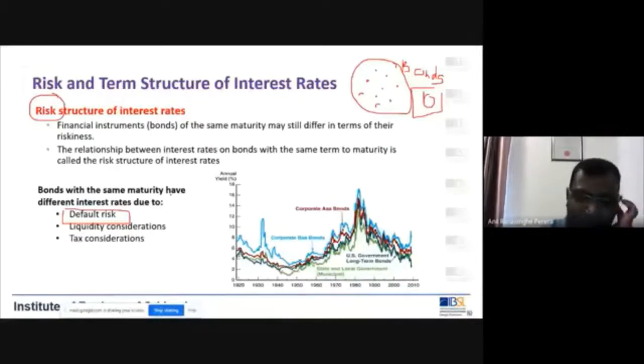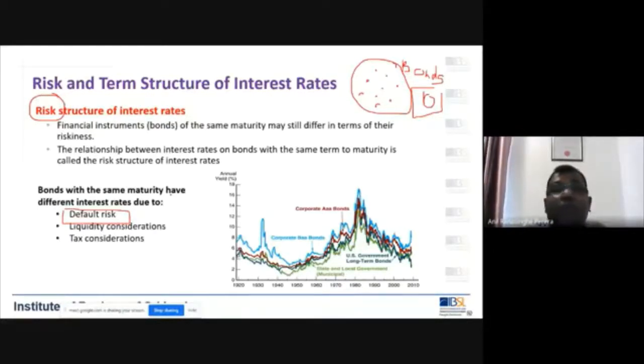Imagine a borrower at a bank. If you observe a borrower who has no good record of paying, or has certain bad records of defaulting on loans, as a bank you charge high interest from him because he's a risky customer.